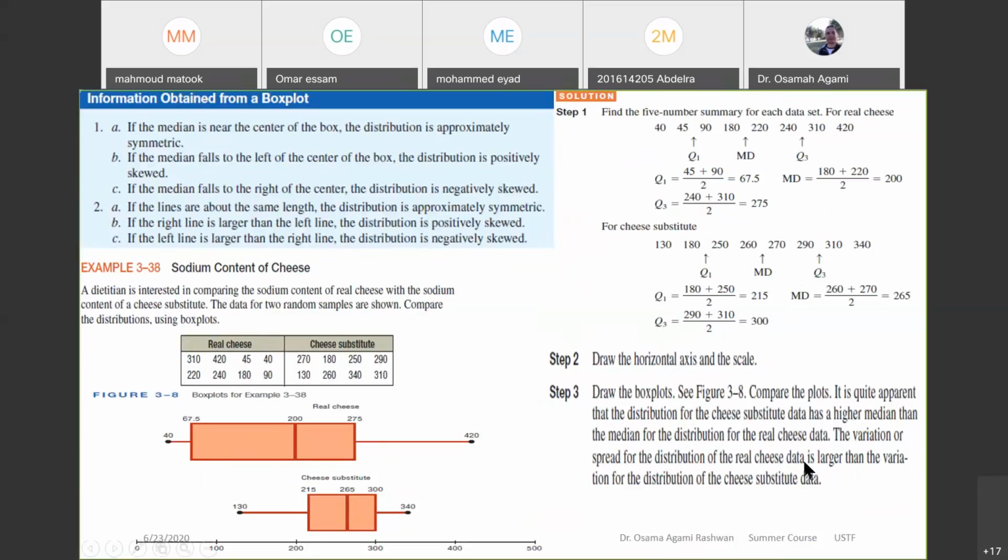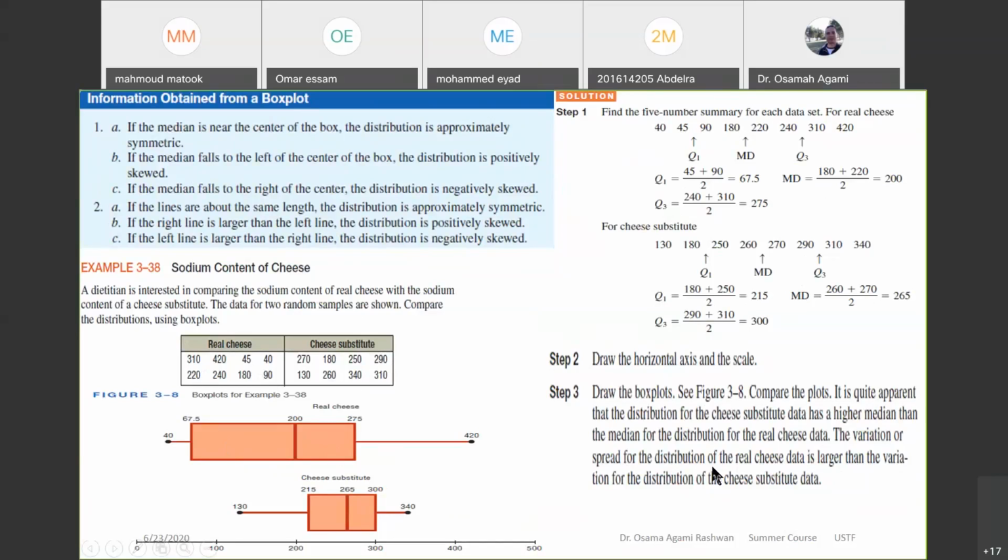So you say this data has larger variation than the other one, depending on what? Depending on the width of the box plot. Is it clear? So the real cheese data has a wider box than the cheese substitute.